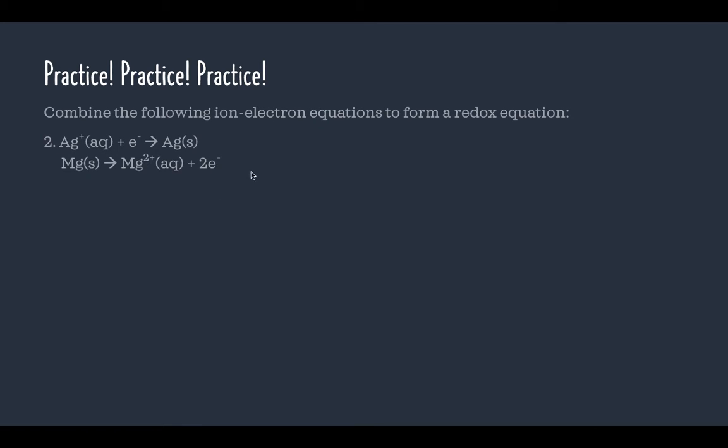What we have to do here is take this whole equation and multiply by 2, which gives us 2Ag+ plus 2 electrons produces 2Ag(s).